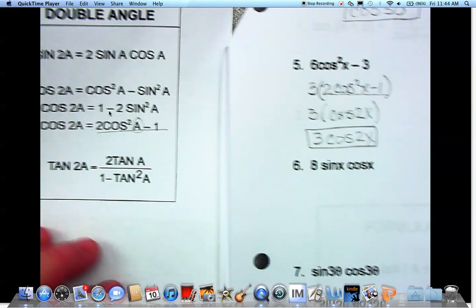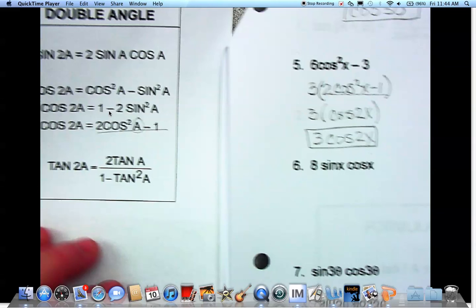Okay, I put it in parentheses because there's a negative in front. We're going to make sure we distribute the negative. So that would be 1 minus 1 plus 2 sine squared x. What happens to the 1s? They cancel out. 1 minus 1 is 0.